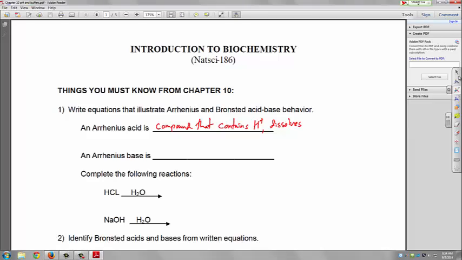And we've only talked about water as a solvent, so it dissolves in water to produce hydrogen ions.